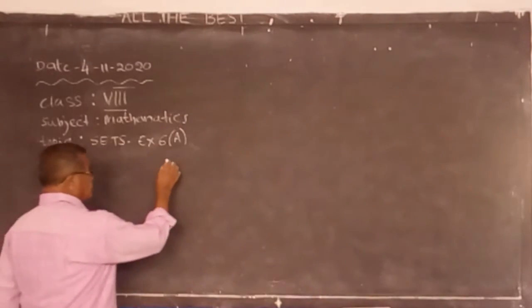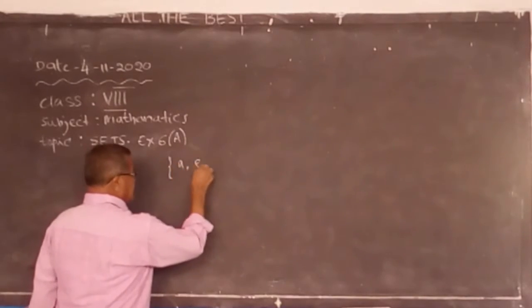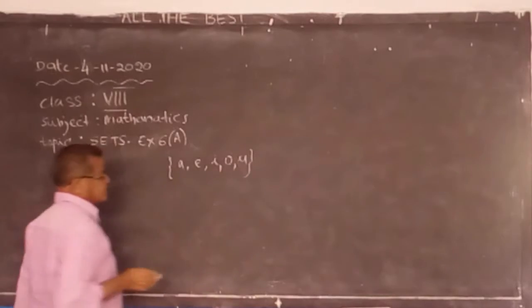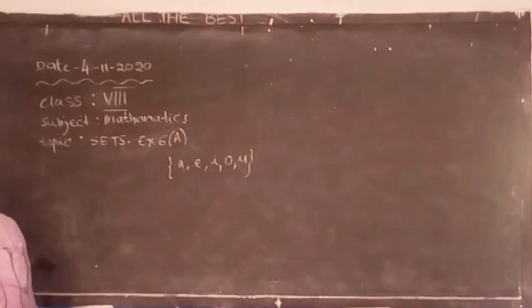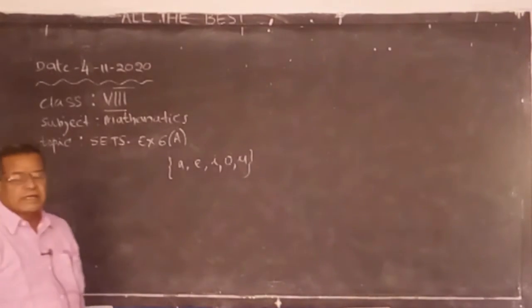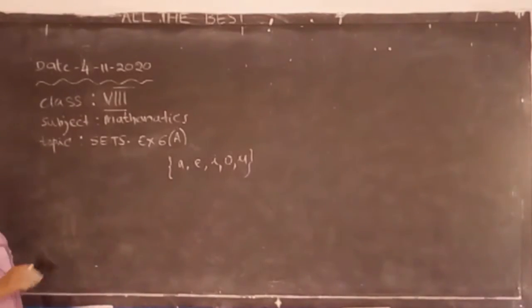And how do we write sets? We write the elements with commas and enclose them in curly brackets. This is the way of writing a set. Generally, sets are named with capital letters A, B, C, D like that.